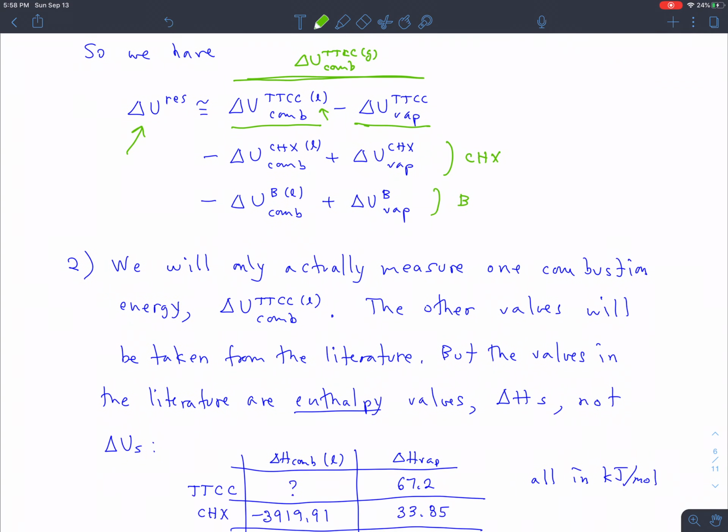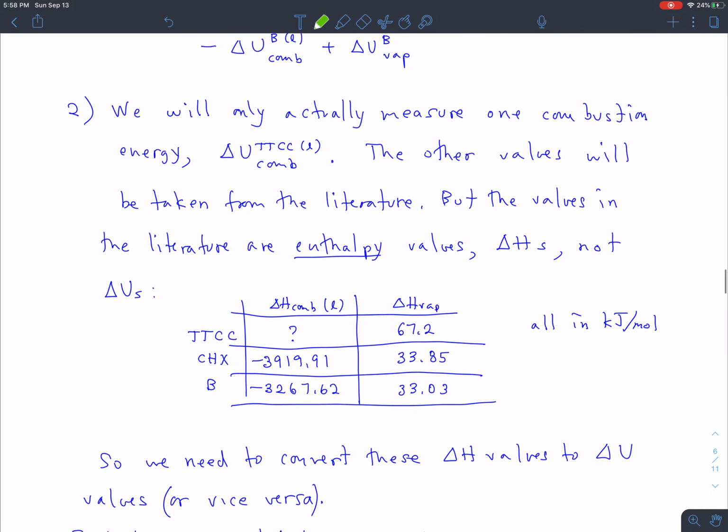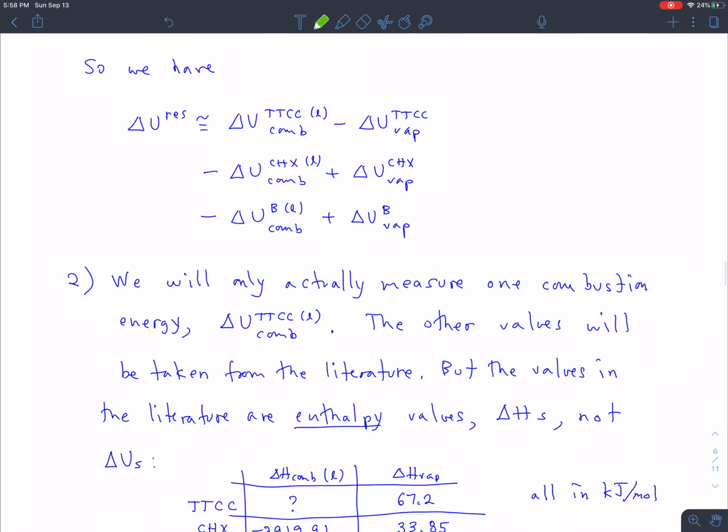So now instead of 3 terms in our relationship, we've got 6. But that's not a big problem, right? 6 terms we can deal with. The other part of the problem is that we don't have any of these. So all these numbers, everything except the one number that we're measuring, we have to get from the literature.